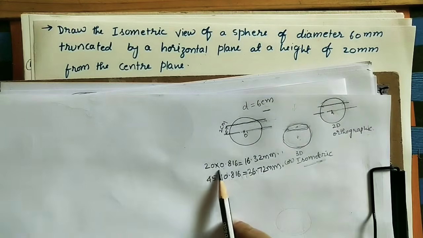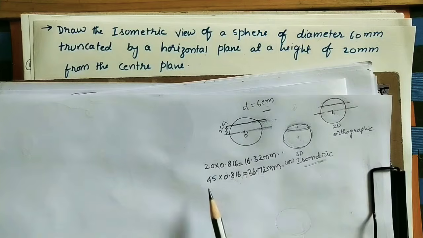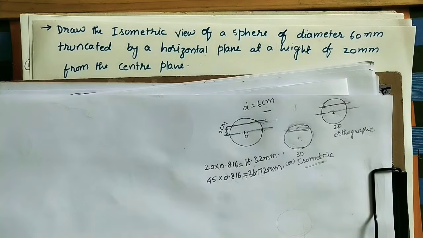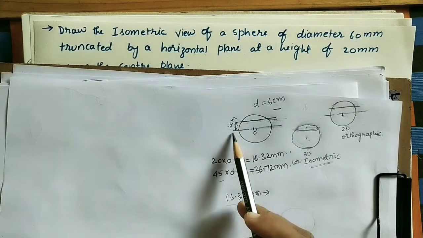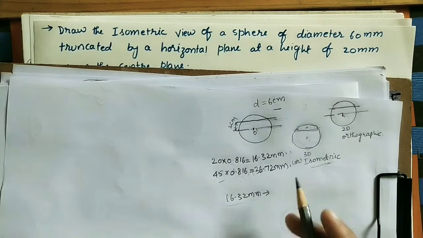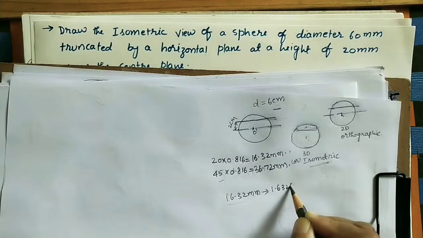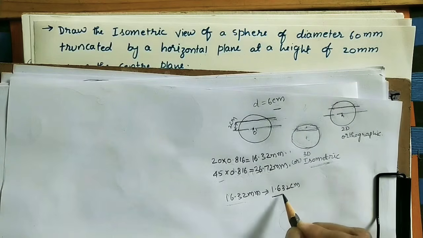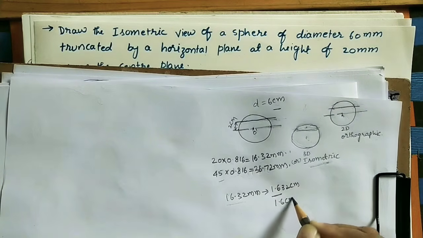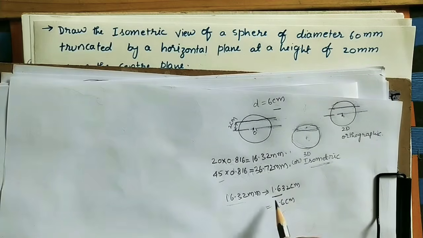So here, instead of 20 mm we have to take 16 mm, and instead of 45 mm we have to take 36 mm. So instead of the 20 mm value we have to take 16.32 mm. In centimeters it is 1.632 centimeters, or we can take 1.6 centimeters. So instead of 2 centimeter we have to take this value.